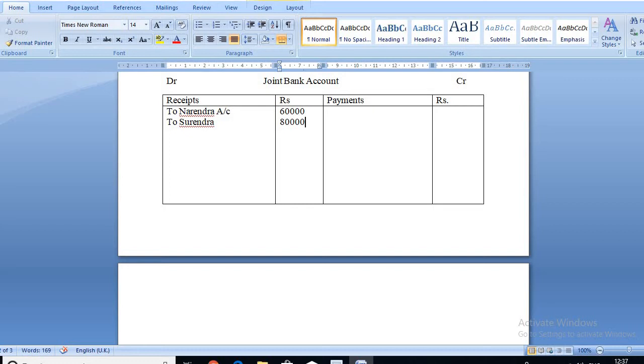But according to dual accounting concept, each transaction has two effects, one is debit, one is credit. Now we have to do cross posting, because one aspect is recorded. Now we have to record the other aspect. Here Narendra and Surendra are debited and the other aspect is credit.